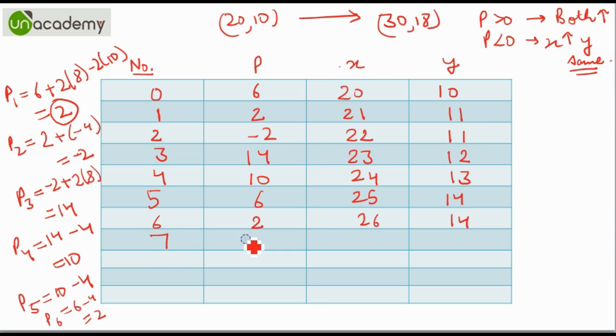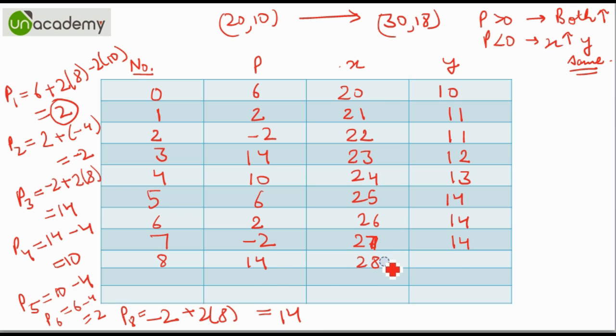In the 7th iteration we will have -2. So we will increment x only, y will remain the same. 27 and 14. In the 8th iteration we will have -2, p of 8 plus 2 times 8, 2 times delta y. This will come out to 14.